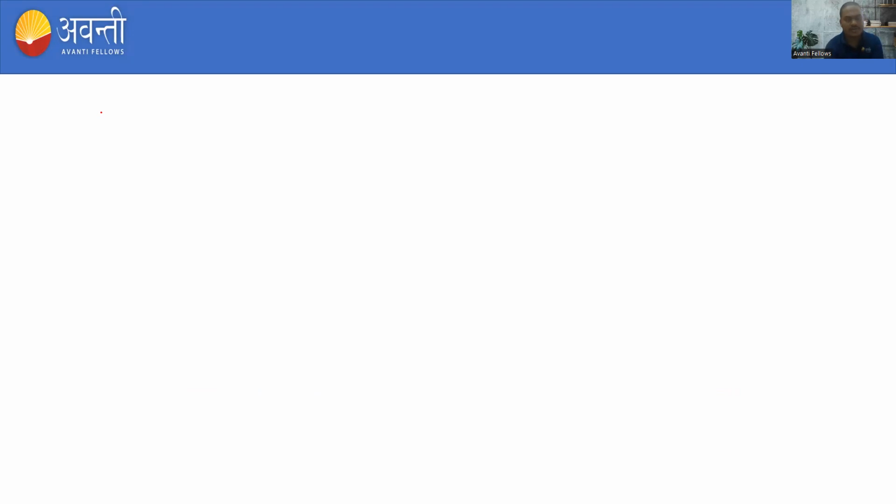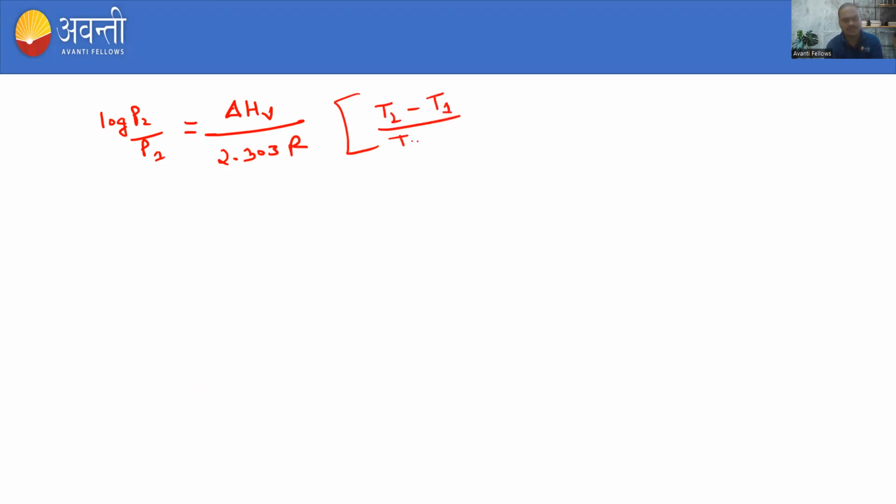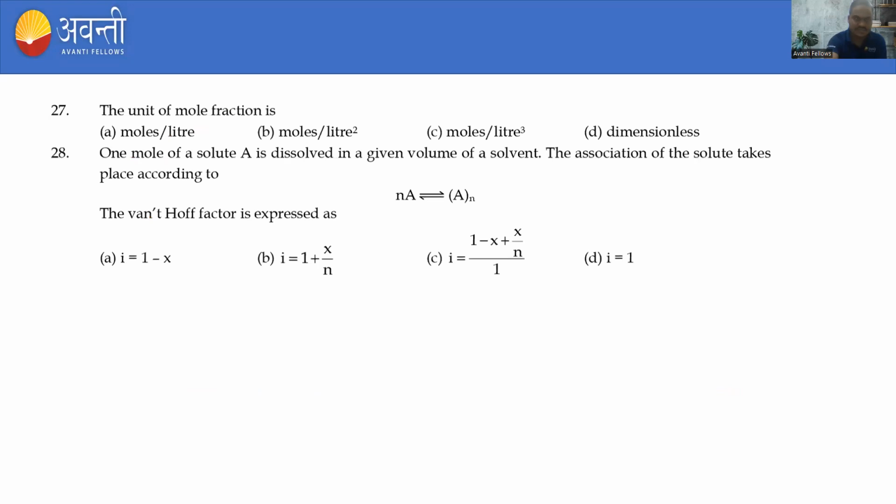According to the Clausius-Clapeyron equation, log P2 upon P1 is equal to delta H vaporization upon 2.303 R, into T2 minus T1 divided by T2 into T1. So this is the equation which describes the relationship between vapor pressure and the temperature, the Clausius-Clapeyron equation. I hope this is very simple.